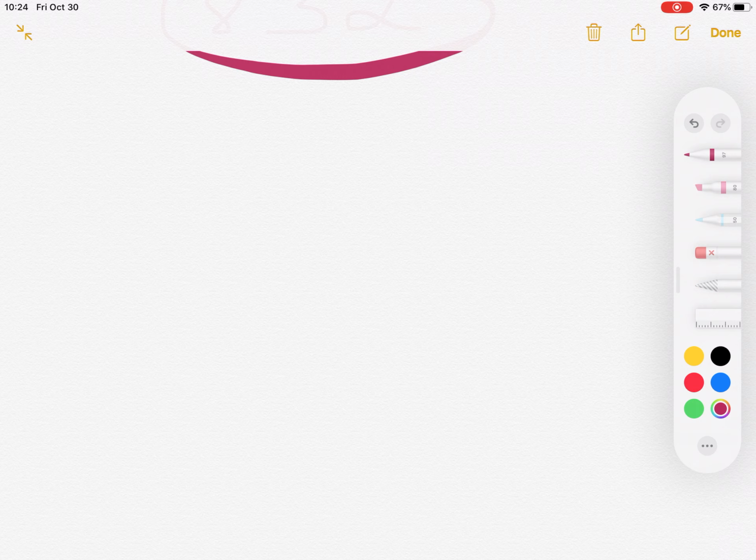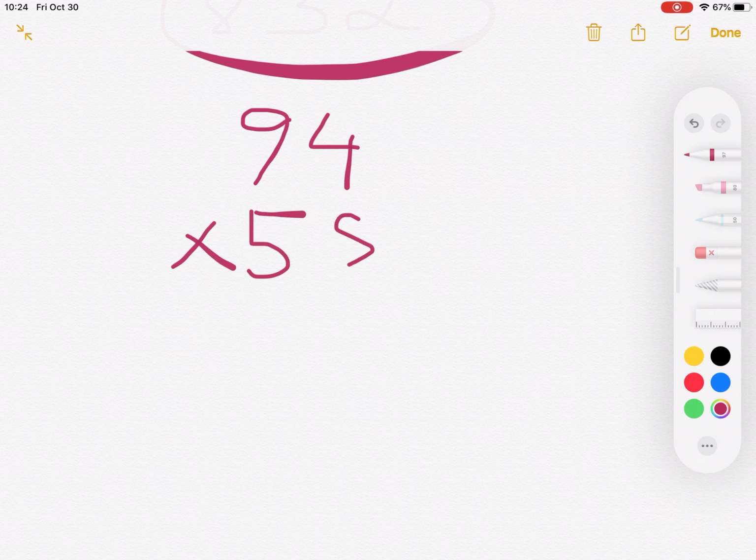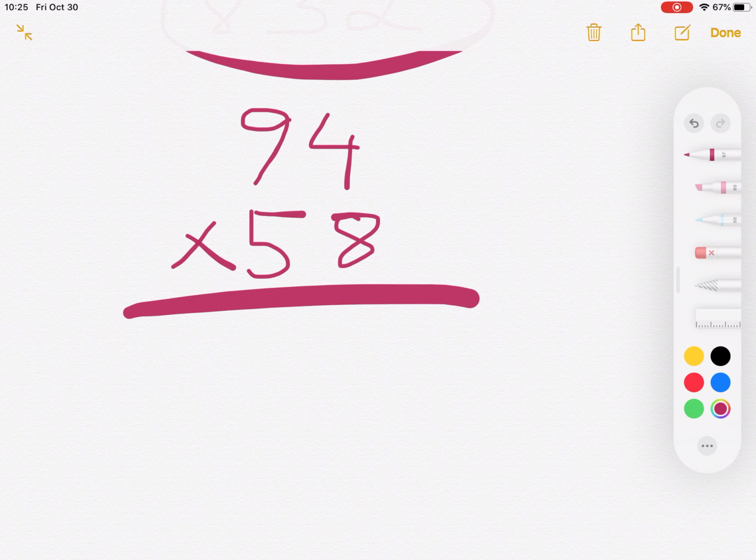Now we're going to do a little bit bigger numbers. So we're going to do 94 times 58. 4 times 8 equals 32. Get that number out of the picture.